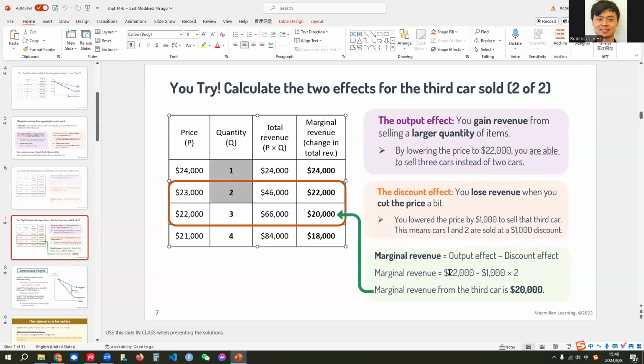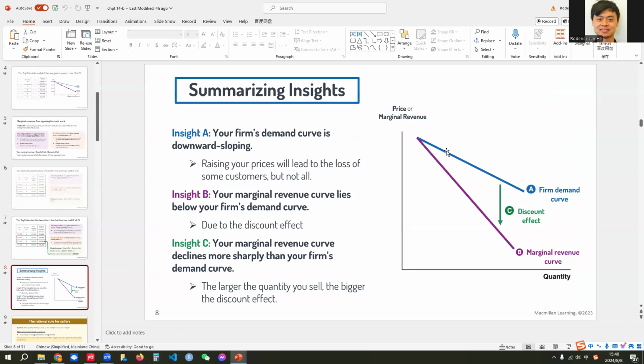That's why the marginal revenue is 22,000 minus the discount, which is 1,000 for each car before, in order to sell the third car. So the marginal revenue for the third one is 22,000 minus 2,000, which is 20,000. But this is just a general idea to show you why the marginal revenue is lower than the demand curve itself.